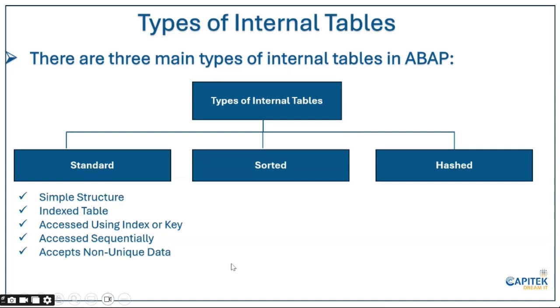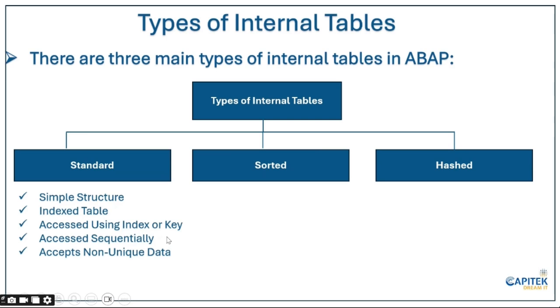And standard internal table accepts non-unique data. So what do you mean by non-unique data? Non-unique data means duplicate data. It means I have some field which holds a value.